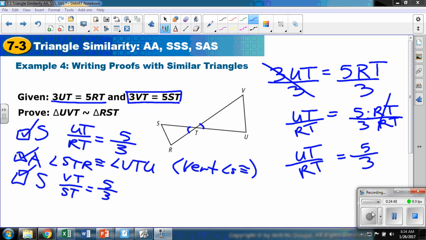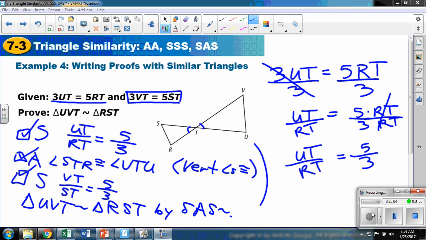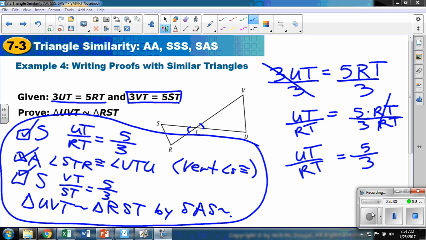And so there, we'd be able to write up triangle UVT is similar to triangle RST by side-angle-side similarity. This right here is our proof.